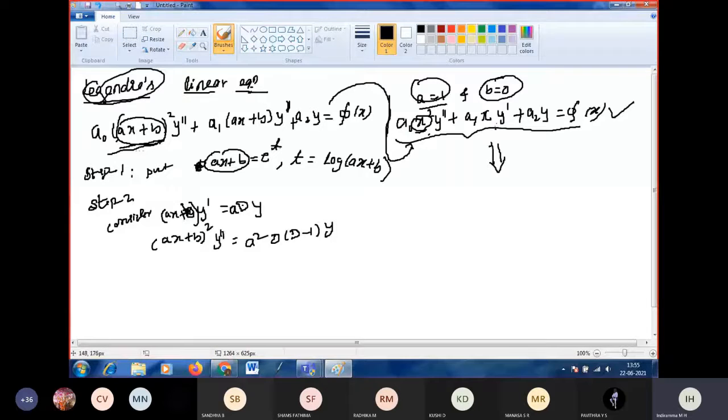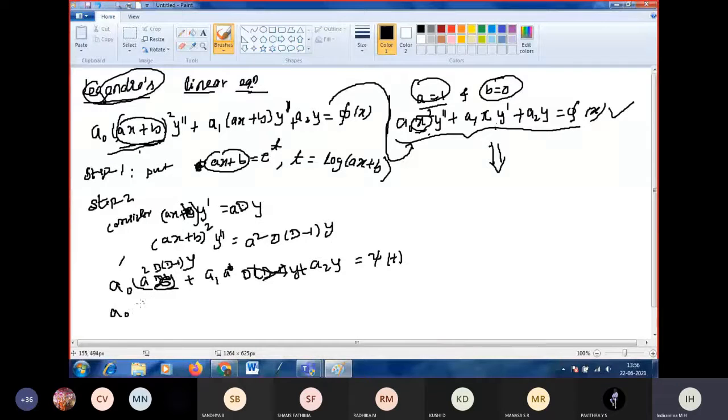Now our Legendre's differential equation becomes a naught into a square into D into D minus 1 into y, plus a1 into a into Dy, plus a2 y is equal to the RHS, which after substitution will be some function of t.